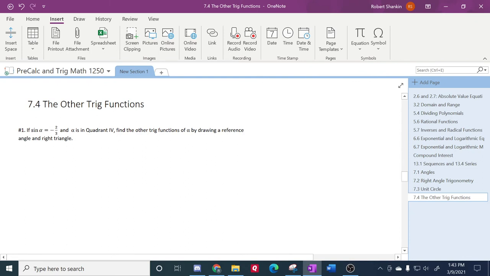All right. So let's go to 7.4, the other trig functions. Problem 1. The sine of alpha is negative 2/3, and alpha is in quadrant 4. So let me draw a quick little picture. I'm going to have a unit circle.